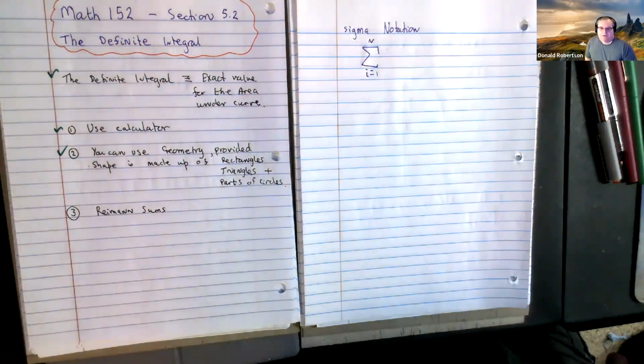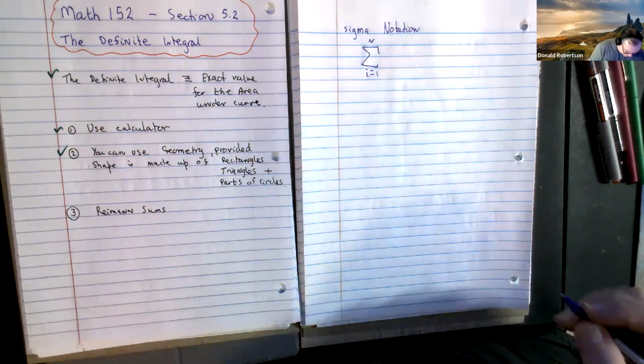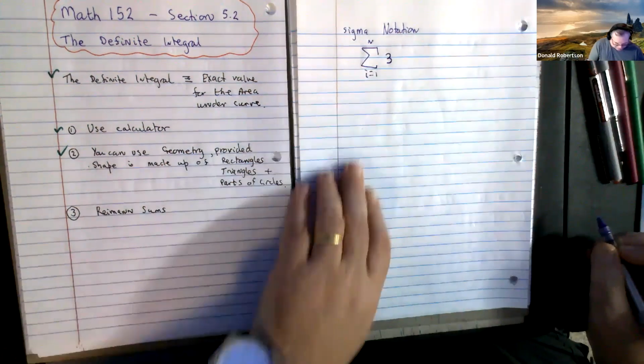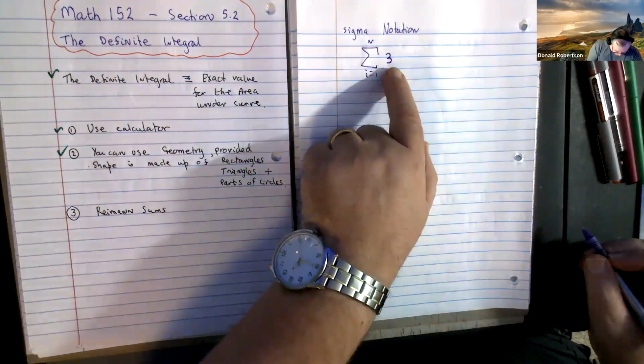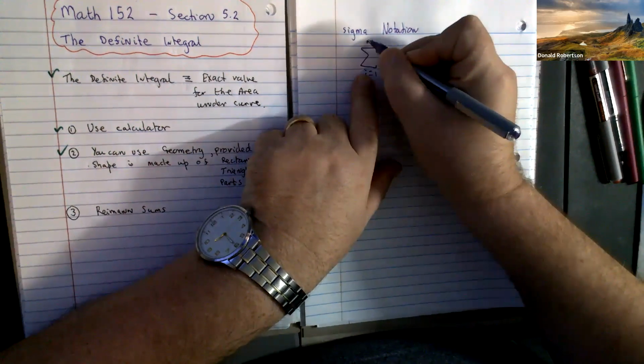Sigma notation allows us to find an efficient, compact way to describe or represent a whole load of things being added. So for instance, if I did i equals 1 to n of 3, that would mean, well, let's put a number in here.